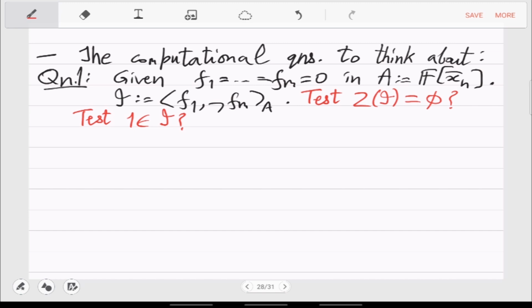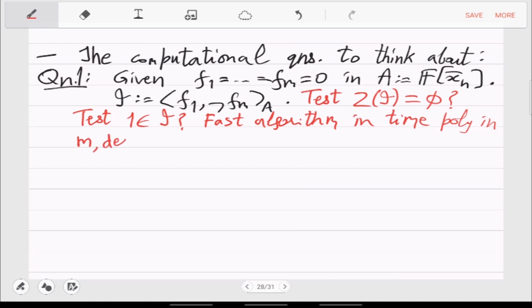So what you want in those special cases is a fast algorithm, in time polynomial in the input parameters, which are m and the degree of the fi's, and for a finite field, say Fp, log of p.